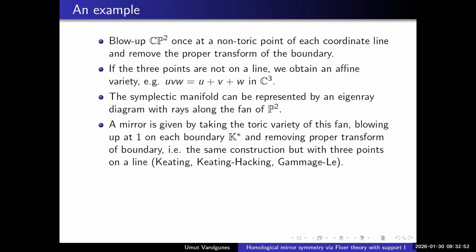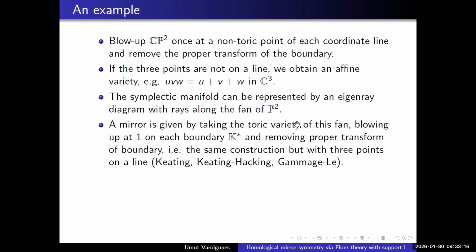The mirror of this variety is known. I think it was first computed by Keating, but maybe someone else computed it before, I'm not sure. Then there is a generalization by Keating and Hacking, and Gamage and Le also proved a version of it. So it's actually very simple. The mirror is obtained by doing the following.